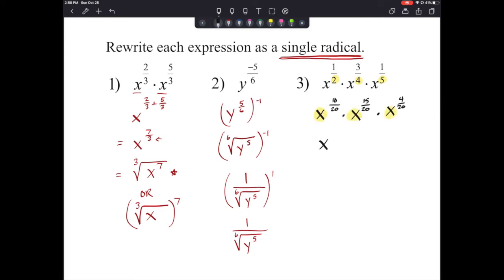So that's going to be x to the 29/20. And if we want to write it as a single radical, we know that the root we're taking is going to be this denominator, the 20. So we're going to say this is the 20th root of x to the 29th power. Again, does it simplify down more? Yes, it does, but we've got it to a single radical, and I'm okay with that for right now.